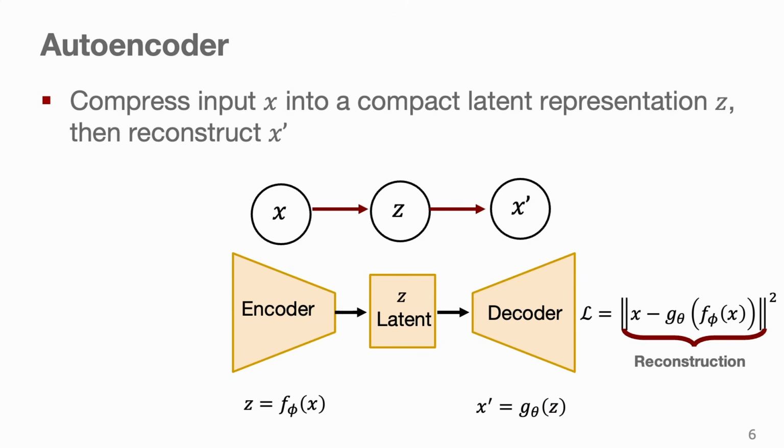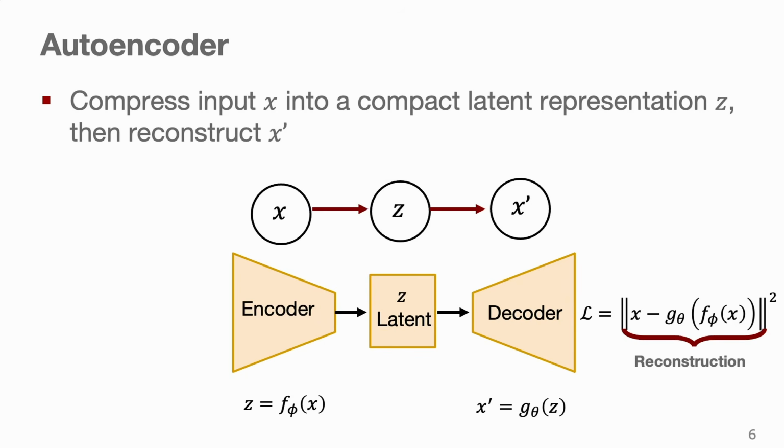And the idea behind it is pretty simple. You've probably seen this before. We have two networks, an encoder f phi that compresses the input X into a compact latent representation Z, and then a decoder g theta that takes that latent code and tries to reconstruct the original input back with, for example, an L2 norm loss.